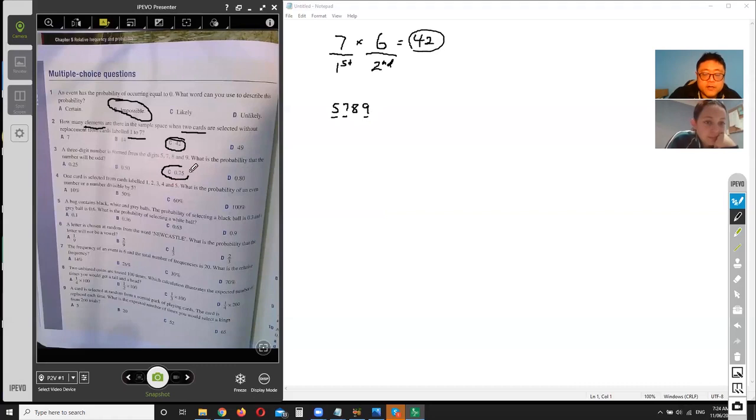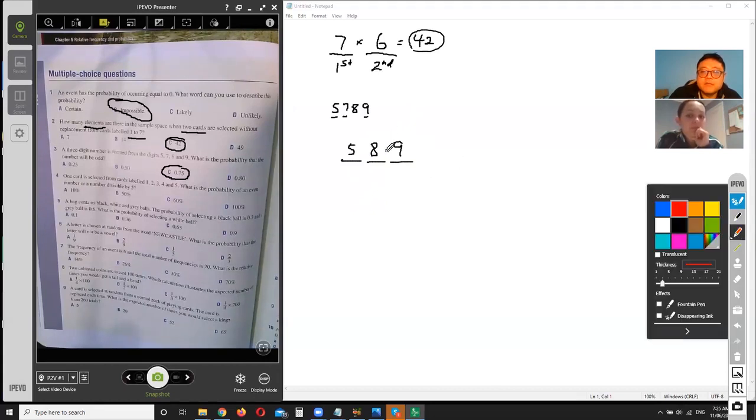Yes, that's right. If you arrange this as a 3-digit number, you've got 1, 2, 3. How do you make this 3-digit number odd? Pick all the odd numbers, so 5, 7, 9. What about 5, 8, 9? Is that odd? What makes it odd is the last digit. That's the only digit we're worried about.